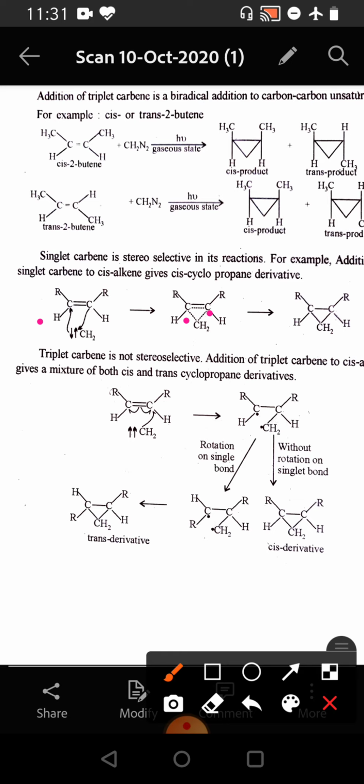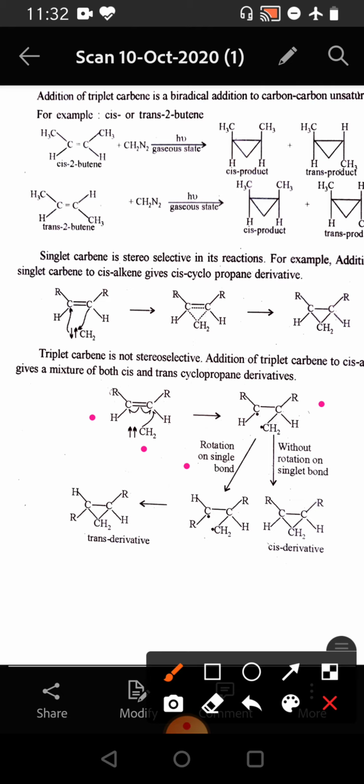Now we consider the triplet carbene. It is not stereospecific, because when we see the addition of the carbene, first homolytic cleavage of the double bond takes place, and at one carbon the addition of carbene takes place, forming an intermediate. Now this intermediate can react in 2 ways. Since the carbon-carbon bond is single, it can rotate.